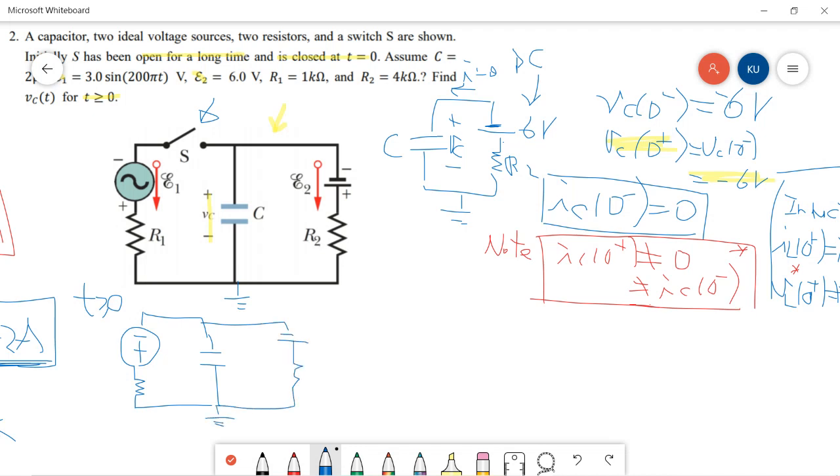Okay. So this is R2, this is E2, this is C, this is R1, and this is plus minus, and we call it E1, something like this. And we know that this is VC, this is VC.